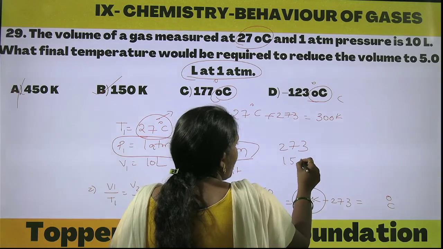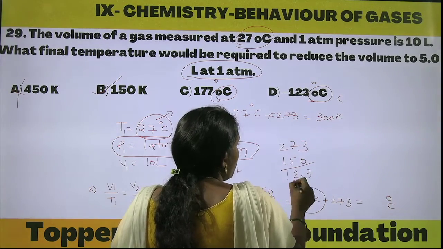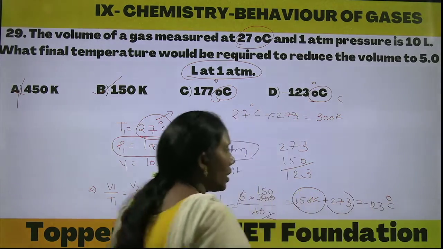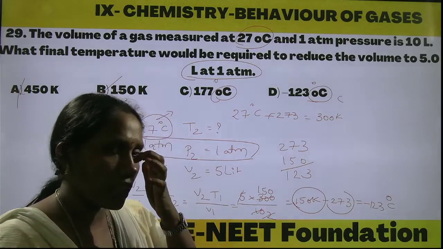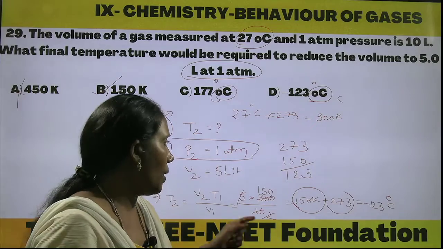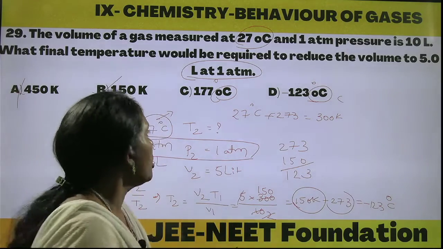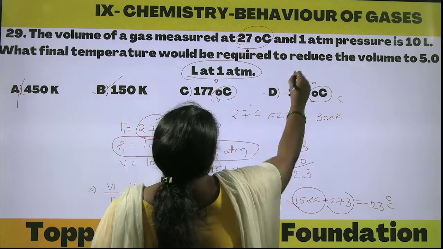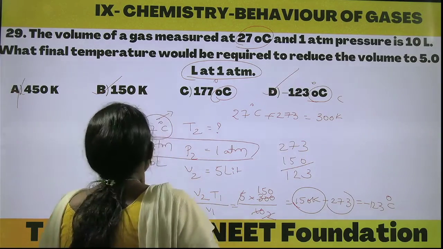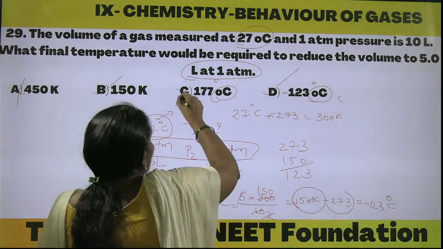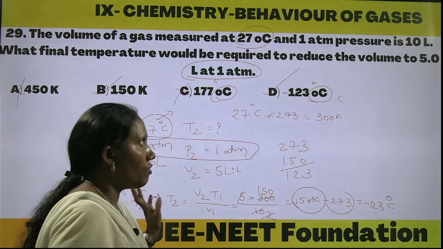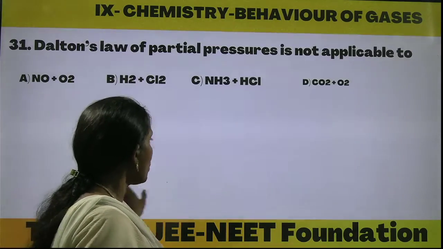The bigger number is negative, so I will go with minus 123 degrees Celsius. So our answer in degrees Celsius is minus 123, in Kelvins is 150. Yes, in D option there is minus 123 degrees Celsius. So our answers are B and D, not A and C. So this is the formula we have to use. Okay, come to the next one.